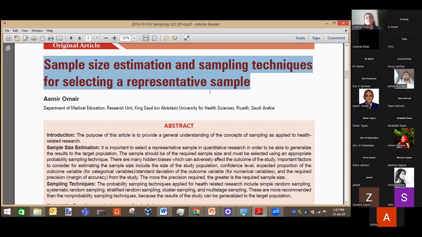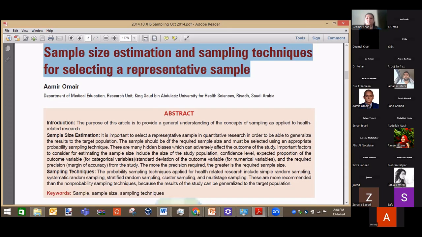If you're doing a study in the Khan University, you cannot really generalize to Civil Hospital or even to an institute in Lahore, right? So make sure that your target population is the one that you're going to generalize to. The study population is the one from which you're going to take your sample, and your final sample and study population are representative of each other. So don't try to generalize your study results beyond that.